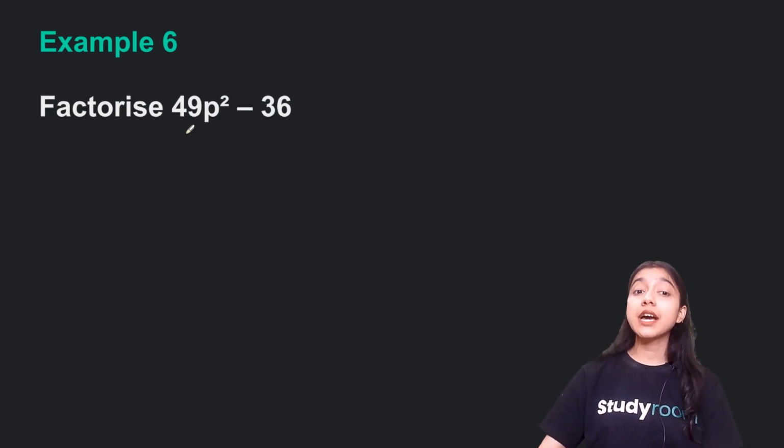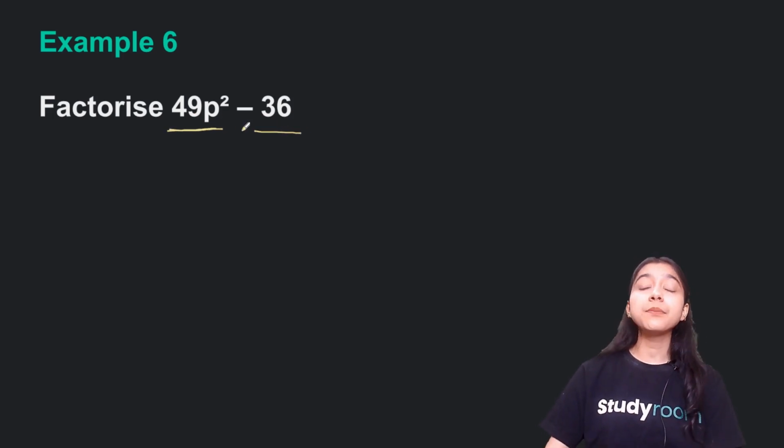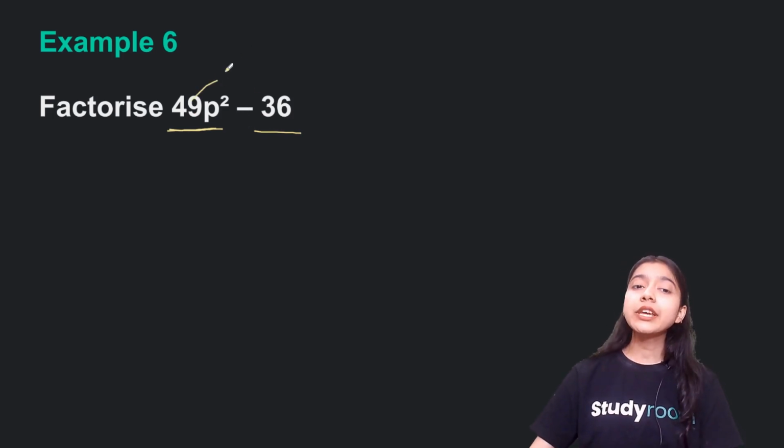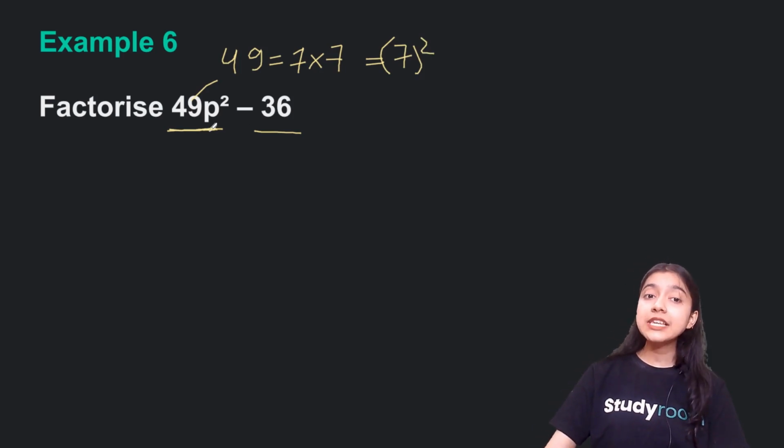The next problem that we have is 49p square minus 36. So what we can do over here, we can write this 49p square in a perfect square form. How? Because we know that this 49 can be written as 7 multiplied with 7, which can also be written as 7 square. And we have p square over here.